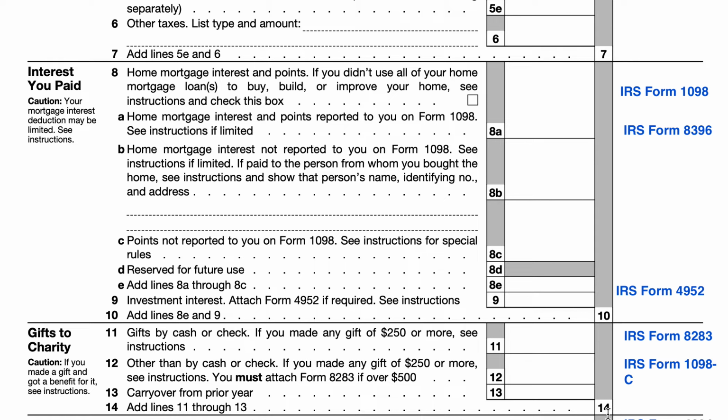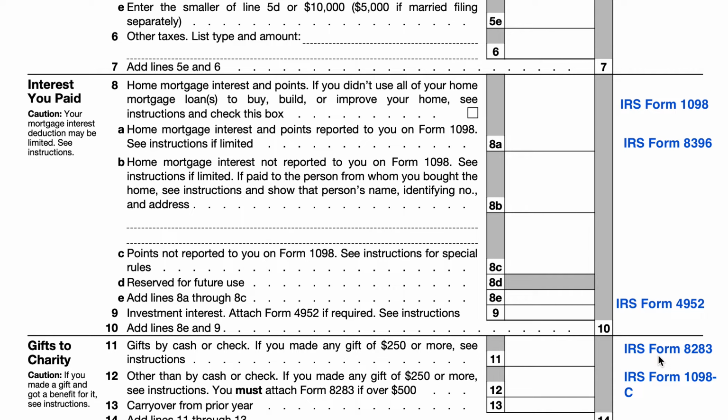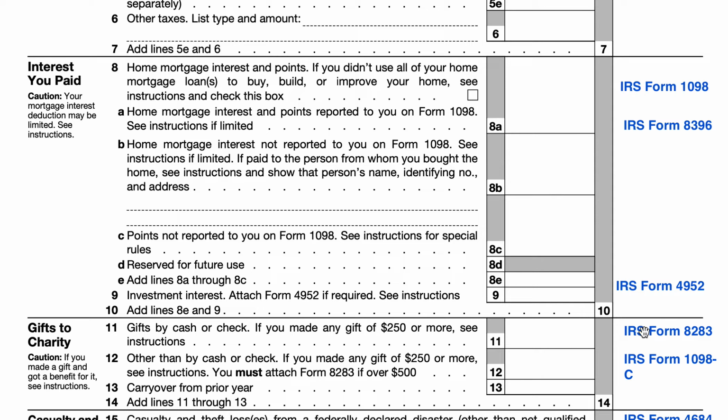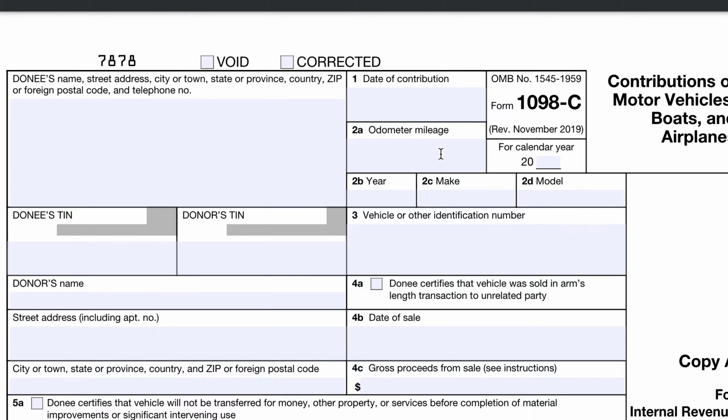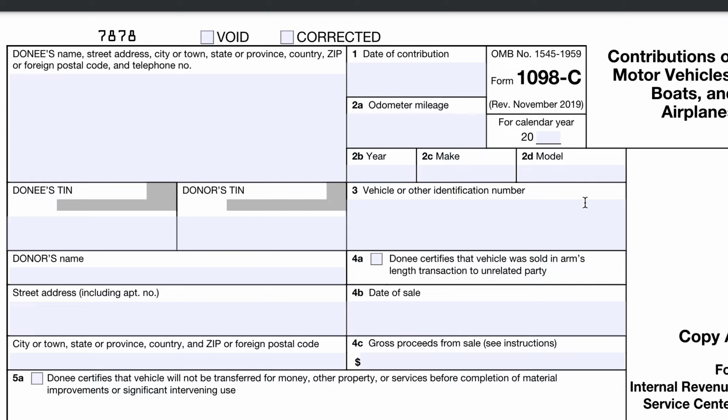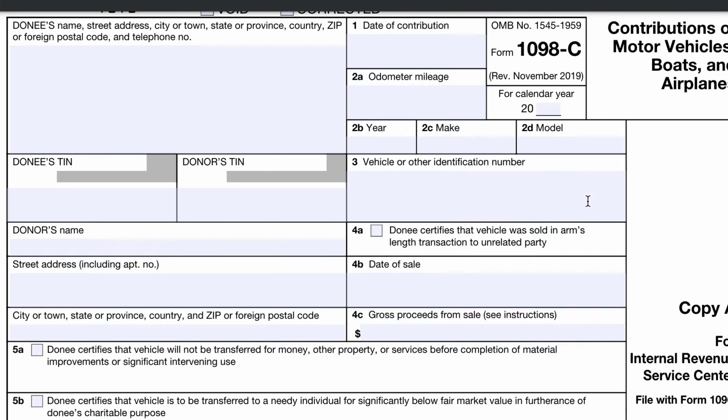The other thing that you may need to know about is IRS Form 1098C. If you donate a car, motor vehicle, a boat, or an airplane, then you should expect to receive a copy of Form 1098C from the qualified charity.